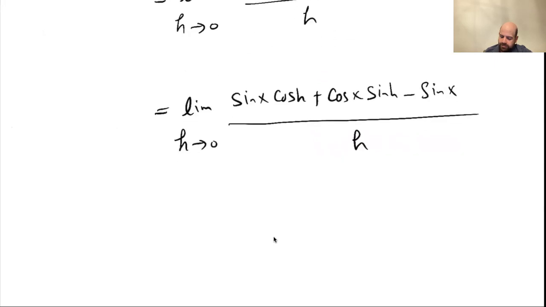H approaches to 0. And then this is limit sine x times... Now, first and last term, sine x is a common factor. I can take it out. What will be left? Cos h minus 1 will be left.